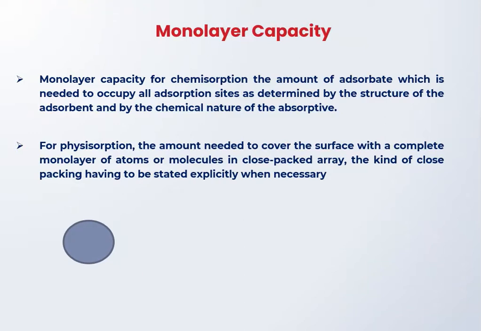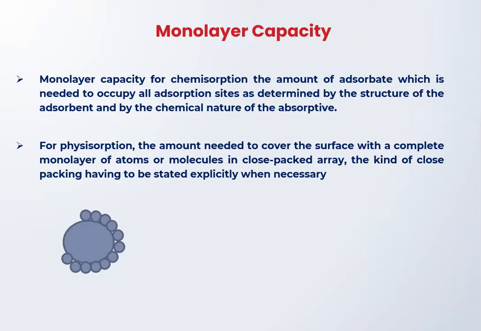This is a molecule of your adsorbent, and on this adsorbent molecule adsorbate gets slowly adsorbed. Likewise, molecules of adsorbate get adsorbed on the surface of adsorbent and occupy all the surface of this adsorbent molecule, forming a monolayer on the surface of your adsorbent.